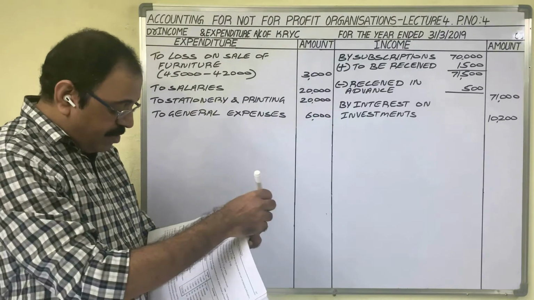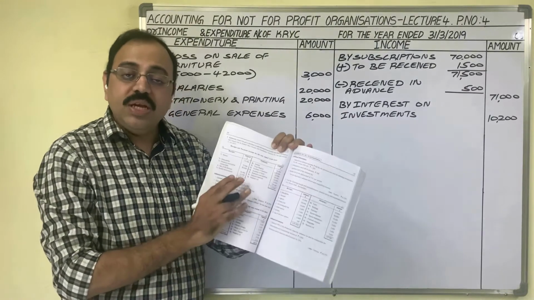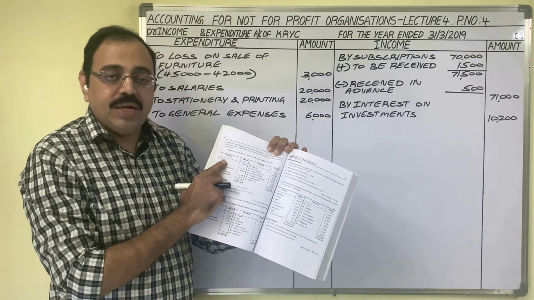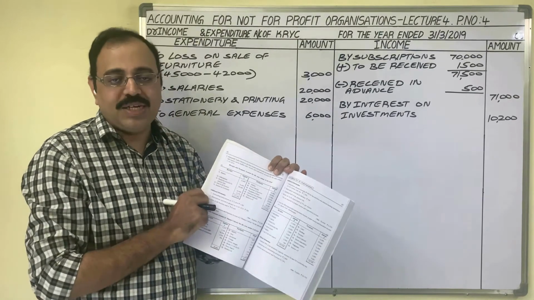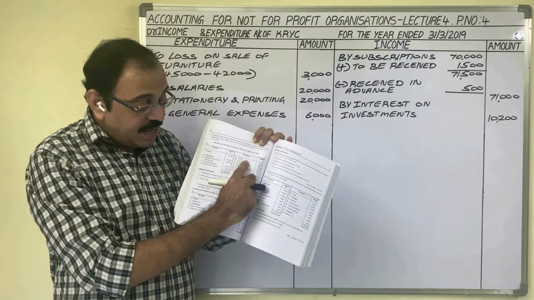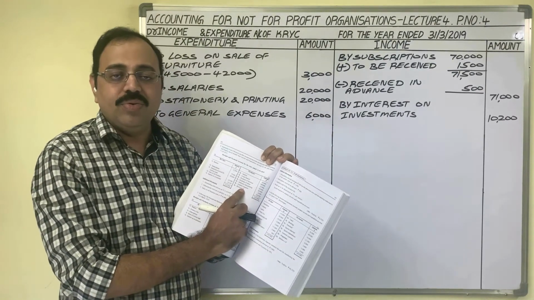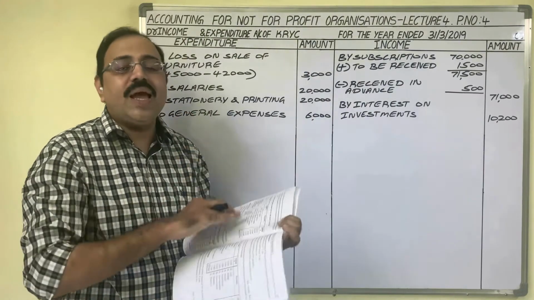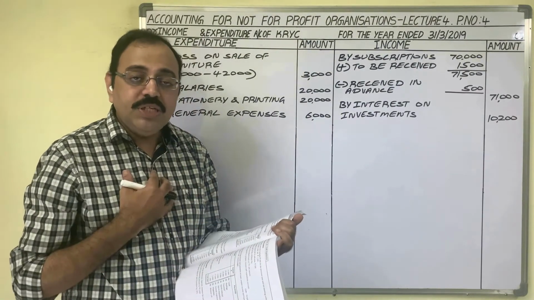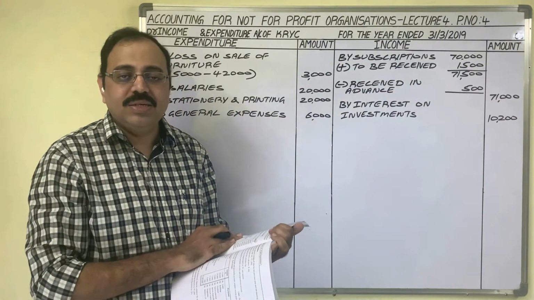Last one, balance carried down 24,000 rupees. Observe the receipts and payments account. Debit side he gave to balance. This is opening cash balance. Year starting cash balance. And credit side at the end he is giving by balance carried down. This is closing cash balance. So at the end of the year, firm is left over with 24,000 rupees cash balance.